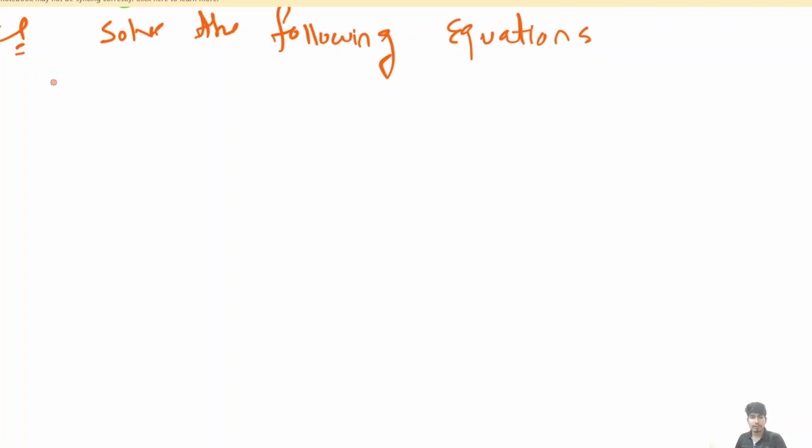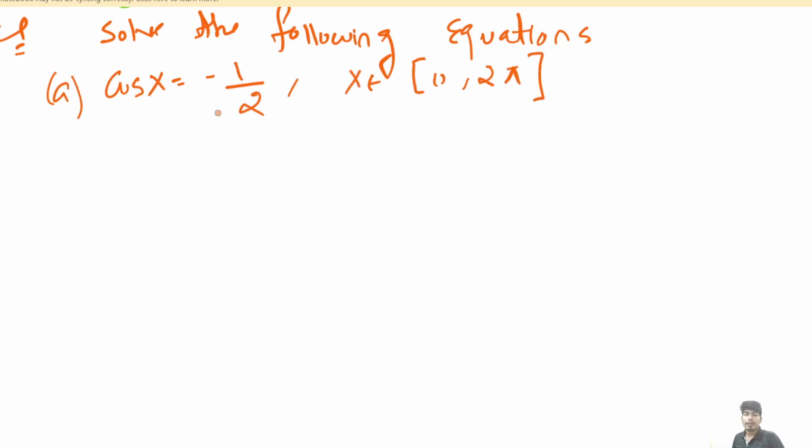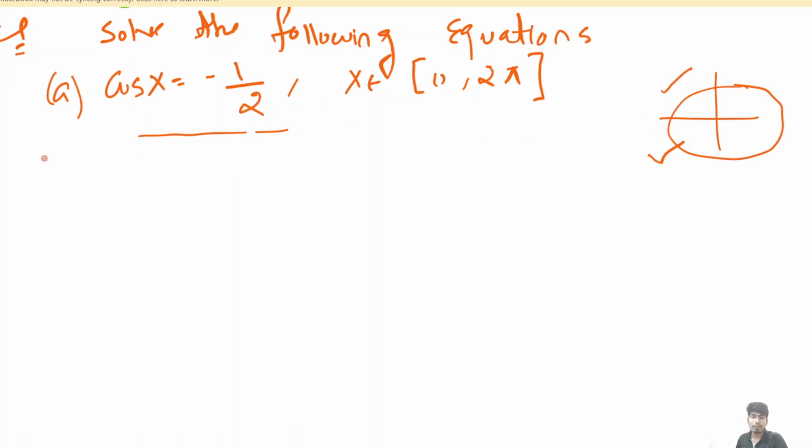What is our first? First is cos x is minus half, where x belongs to 0 to 2 pi. Then we know cos is negative only in the second and third quadrant. Then we choose cos x is equal to cos 2 pi upon 3, because cos 2 pi upon 3 is minus half.